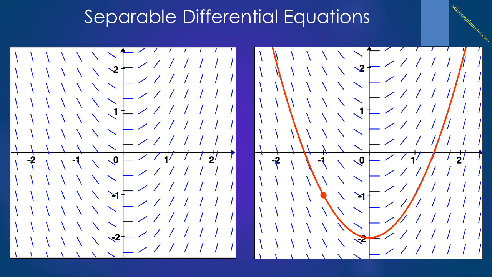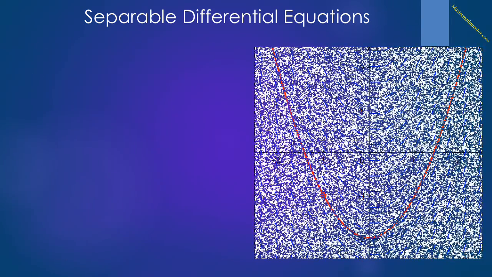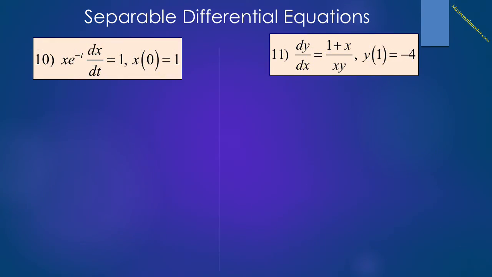In the graph on the screen, our solution goes through the point -1, -1, and hence there is the single red curve that is the particular solution to this differential equation. In the following problems, we are given a differential equation, and we are also told that the curve passes through one particular point.